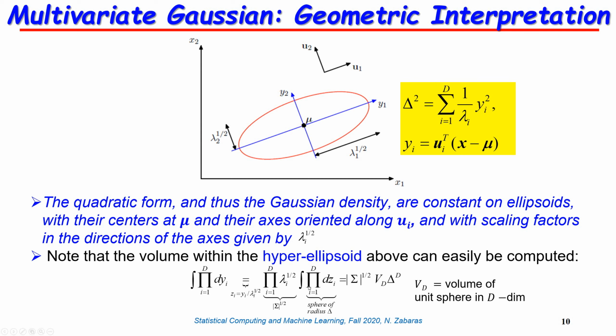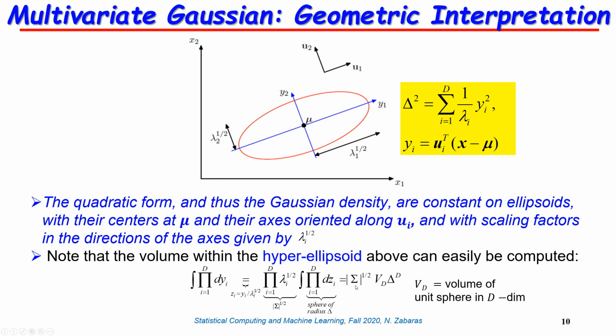So this becomes the volume of a sphere, and just without any proof, and maybe use your imagination here, the volume of a sphere that has radius delta is given by the volume of a sphere of unit radius times the radius delta to the power d, where d is the dimensionality of my multivariate Gaussian.